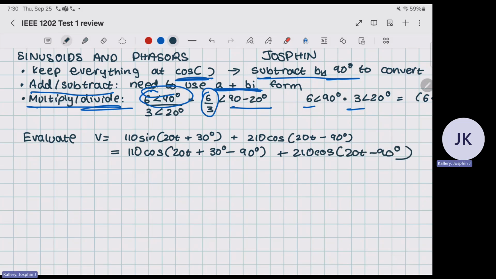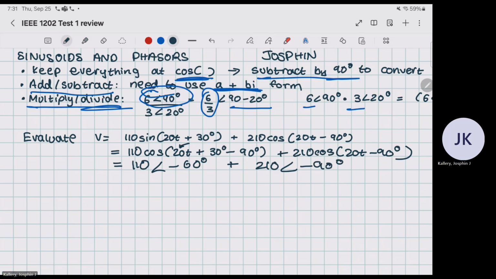And since we have the same frequency for both of these, the frequency is 20, we can go ahead and convert them both to phasors. So for the first one, that's 110 at minus 60 degrees. Then you have 210 at minus 90 degrees.